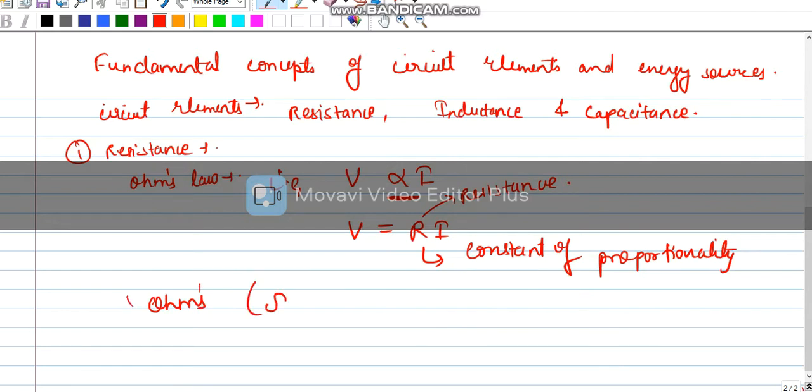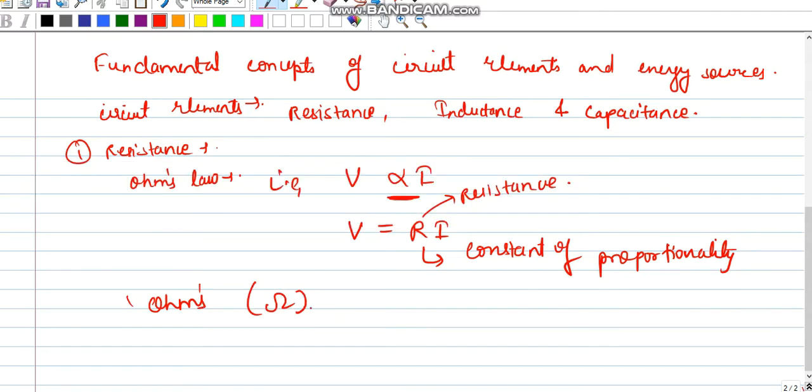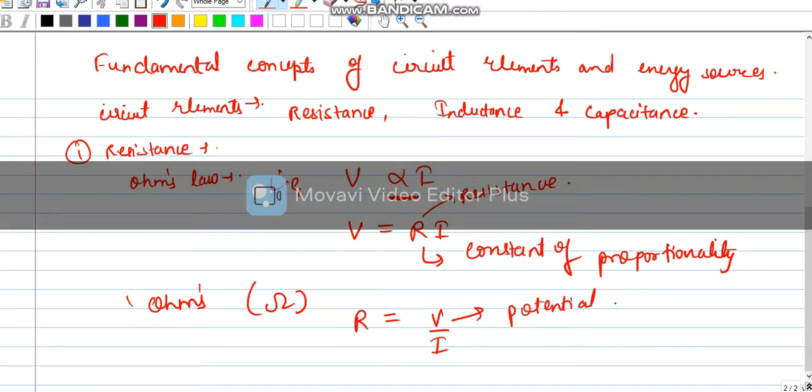From this formula we get R equals V by I, where V is the potential difference and its unit is volt, and I is current and its unit is ampere.